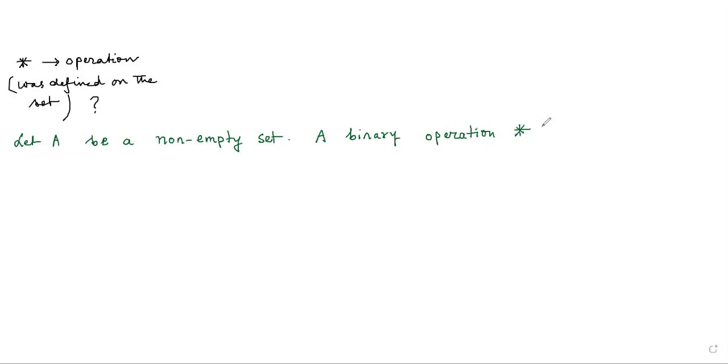A binary operation star on A is a function from A cross A into A.